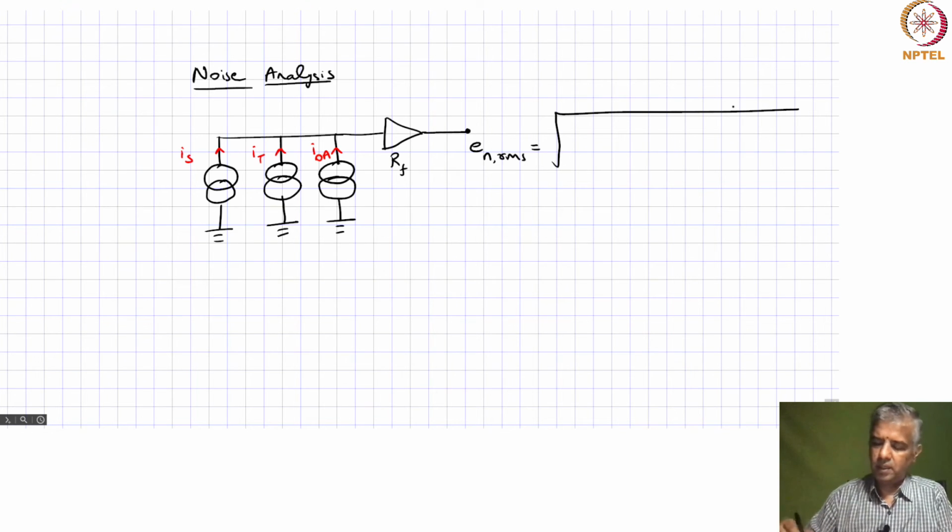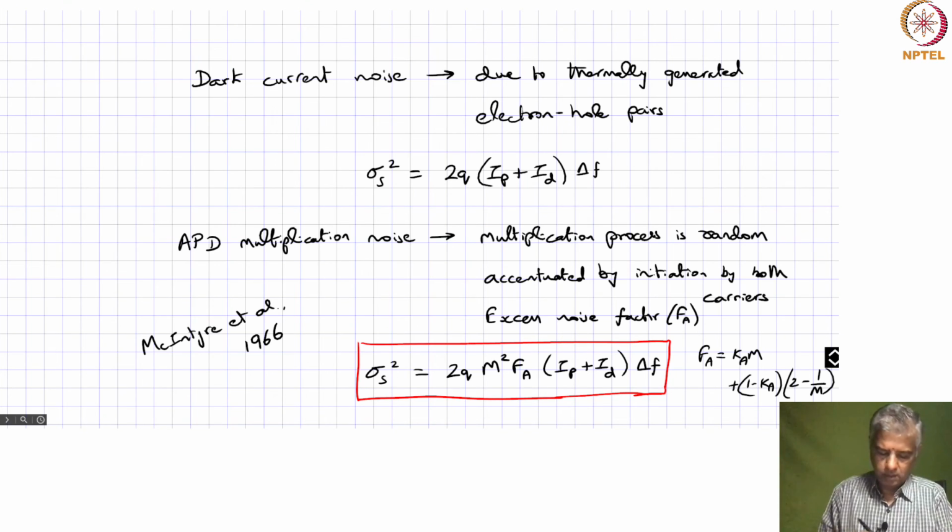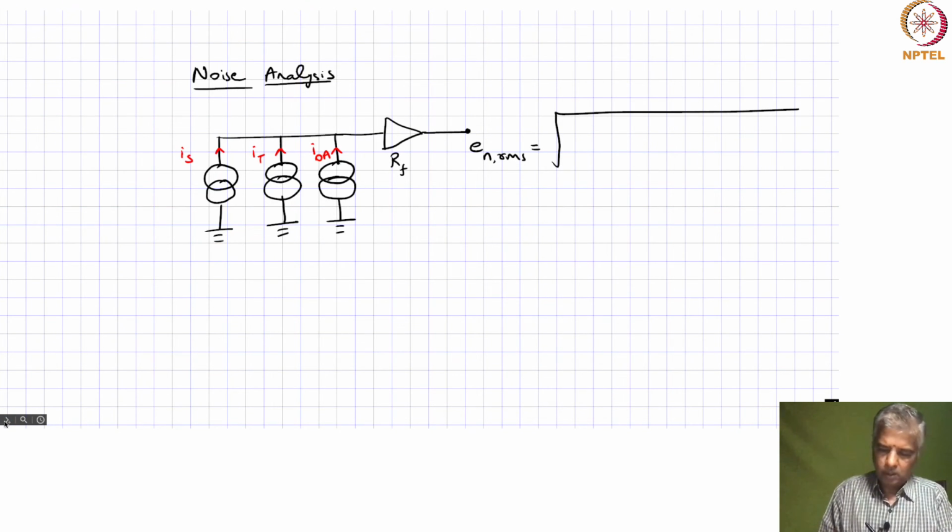If we were to quantify E_n now, it corresponds to the noise that we looked at before, the thermal noise and the shot noise, all multiplied by R_F.